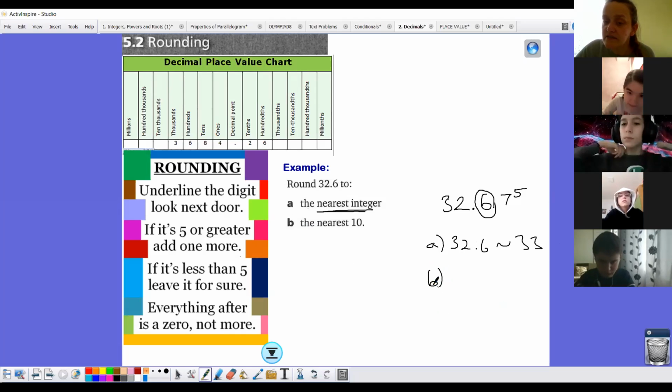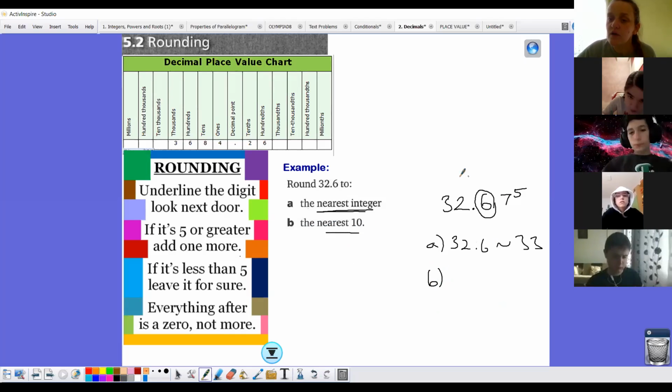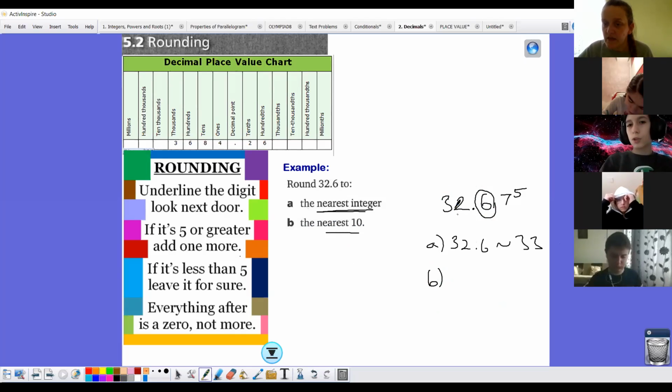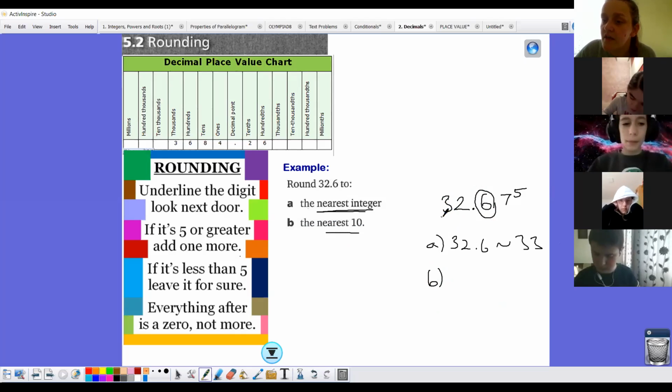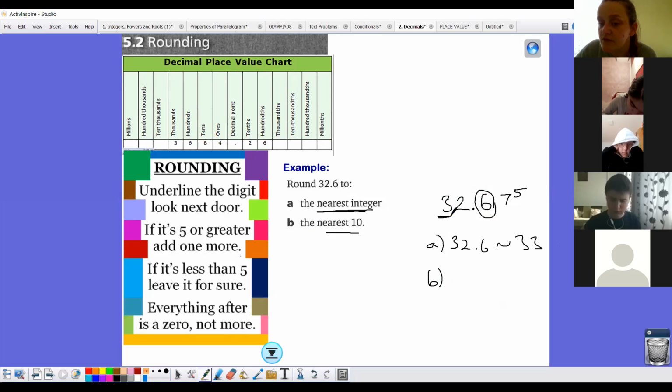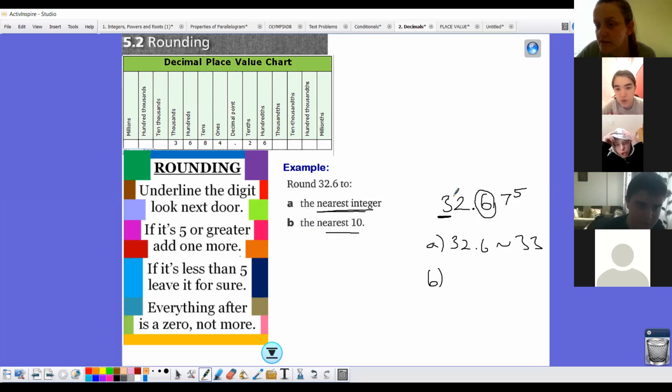In B, it says to the nearest 10. So I'm checking my number again. 32, where is the tens? Which one is the tens? 3 is the tens. So I'm underlining the 3 and I'm checking the number next to 3. What is the number? It is 2. Less than 5.